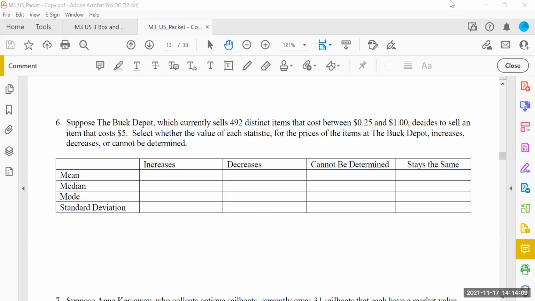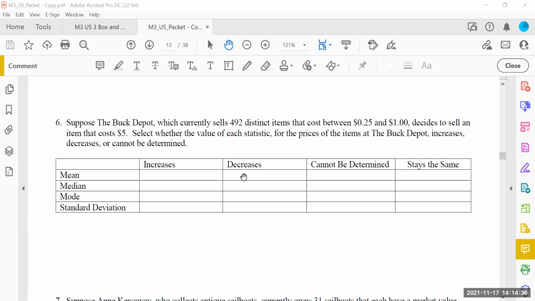So the idea is you can actually figure out quite a bit about what's going to happen to your data set when you add a number that's different enough. Remember how we talked about my age affecting the average of the class age? And that the reason we know that is because I'm older than everybody else. I'm outside the current range. And so it's easy to tell what my age is going to do to everything. It's going to raise it all up. It's going to make it bigger.